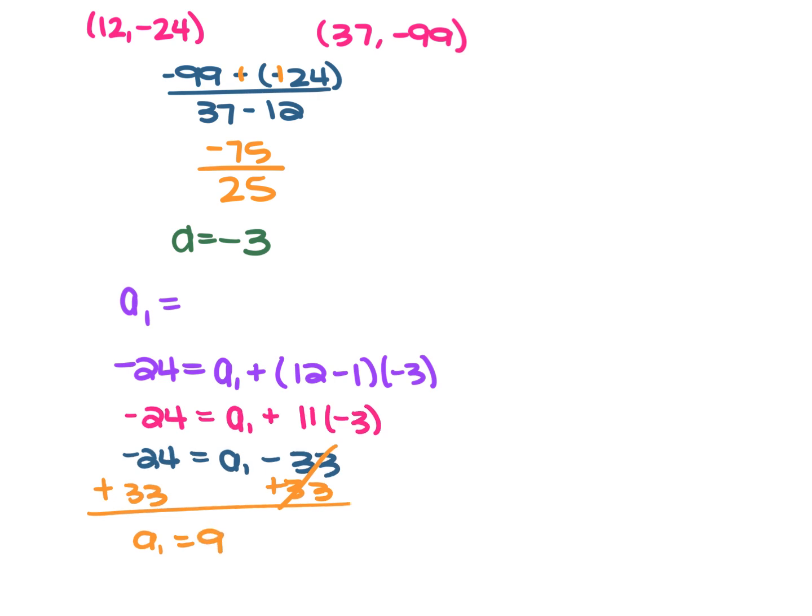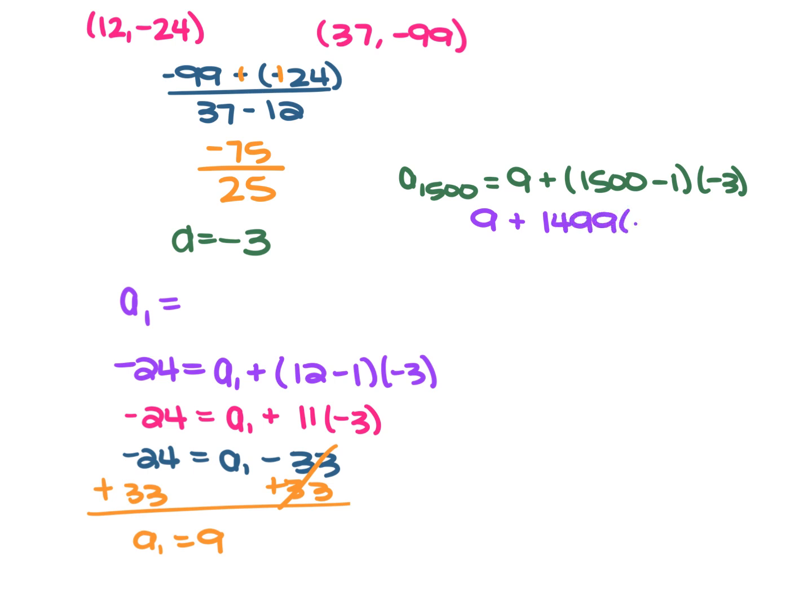So now we can use that in our formula so that we have a sub 1500 is equal to a sub 1, which is 9, plus n, which is the 1500, minus 1, times our common difference, which is negative 3. So that's going to give us 9 plus 1499 times negative 3.